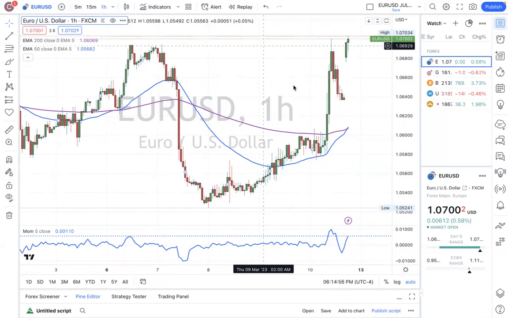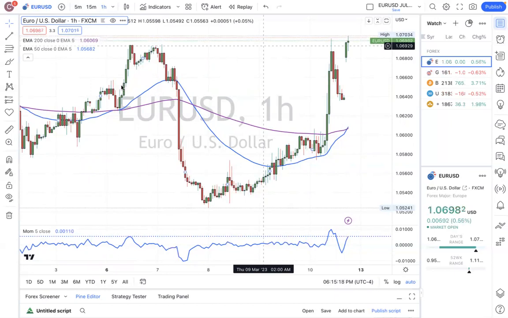But for this one, you want your candles to be under both of the EMAs. Then you also want your momentum to be below the zero line, letting you know that the market is going to continue to drop. So in this example, we can see we had a really nice drop right there.